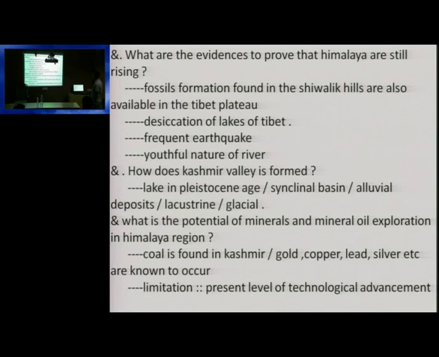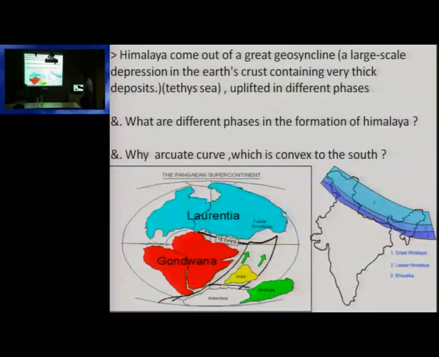What is the potential of minerals and mineral oil exploration in the Himalayan region? See, we'll just go back. It is an ancient landmass, Archean formation. So it will be rich in minerals, coal, iron and steel; especially the metallic deposits are found in Archean type of rock formation.